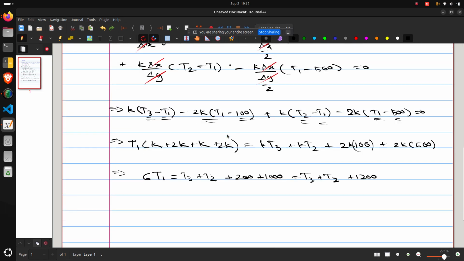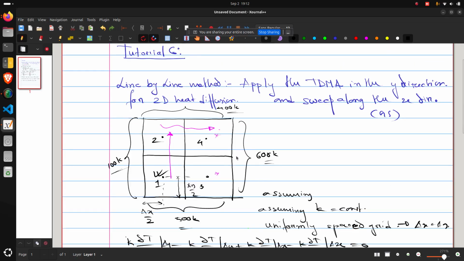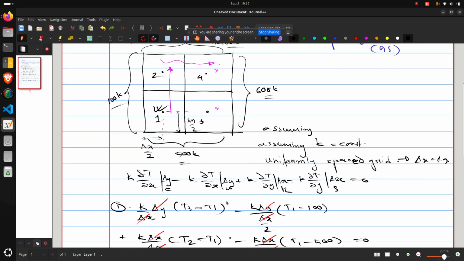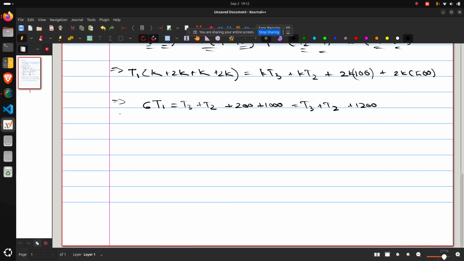Similarly, we can formulate a similar thing for cell number 2, which will have neighbors of say T1 and T4. Okay, let's just quickly write them down.